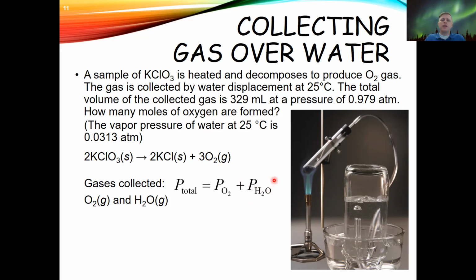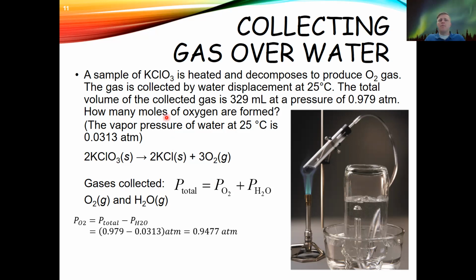So what we need to do then is solve for the pressure of our oxygen. So we'll subtract off the pressure of our water, which is just listed as a vapor pressure up here. At 25 degrees Celsius, water has a vapor pressure of 0.0313 atmospheres. And so the partial pressure of oxygen is going to be 0.9477 atmospheres.